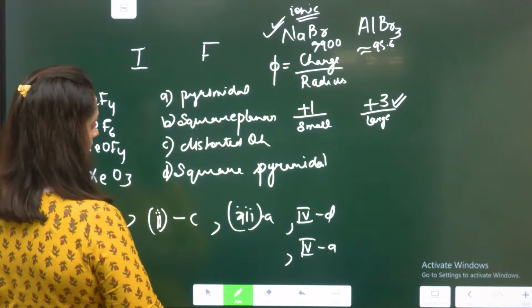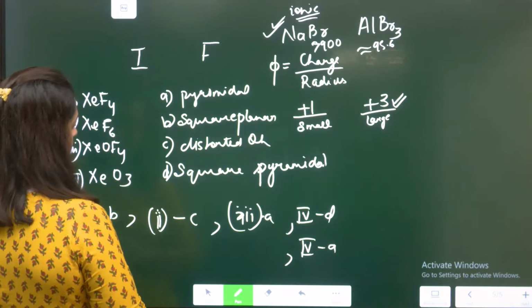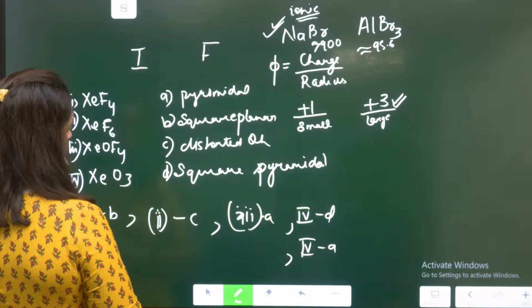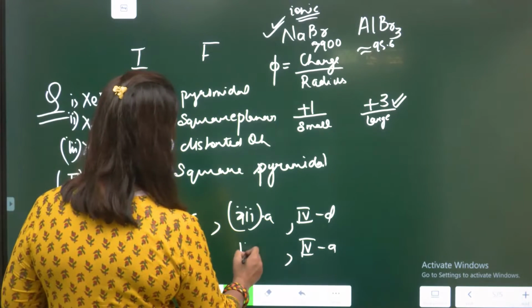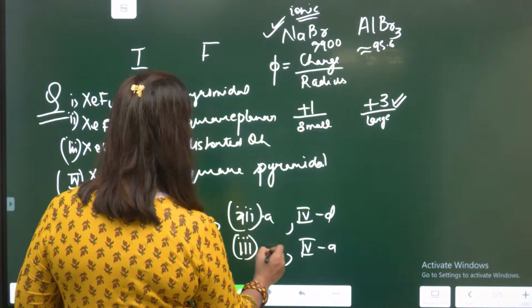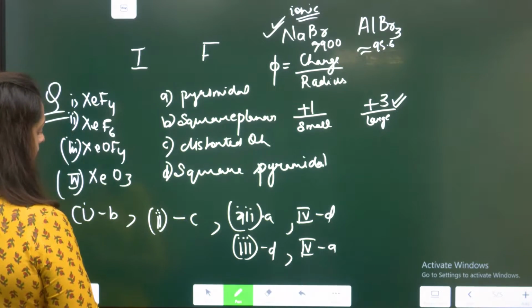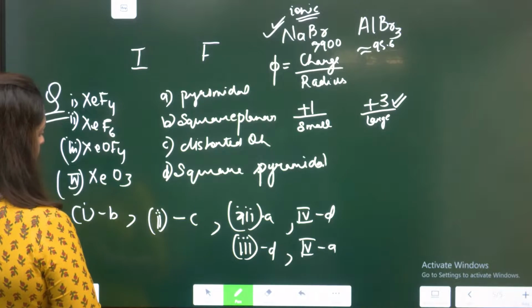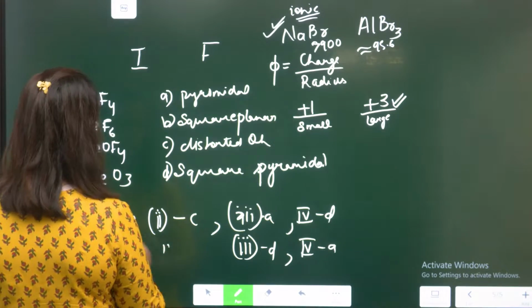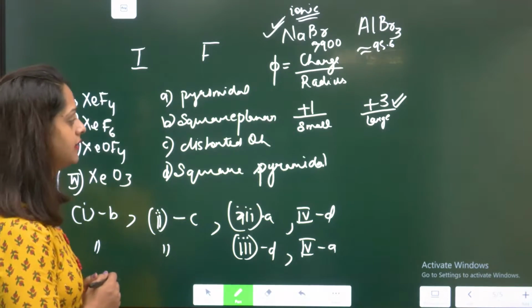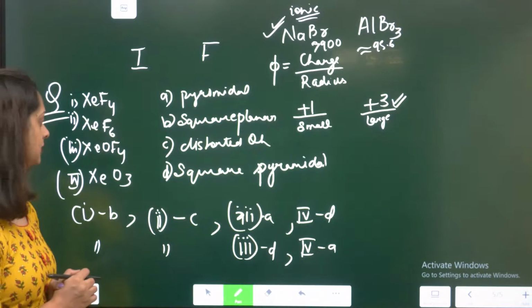So that means you're saying 3rd with D. Yes, ma'am, 3rd with D. And the rest of the both of them are the same option for you as well, or different? Ma'am, same. Anybody else who is getting a different answer than this?